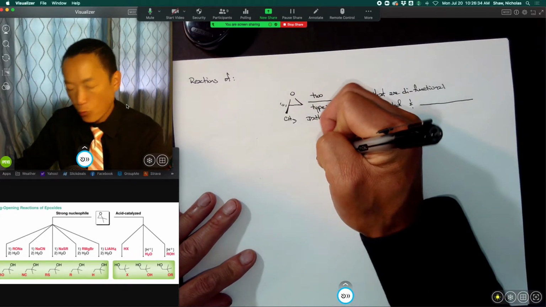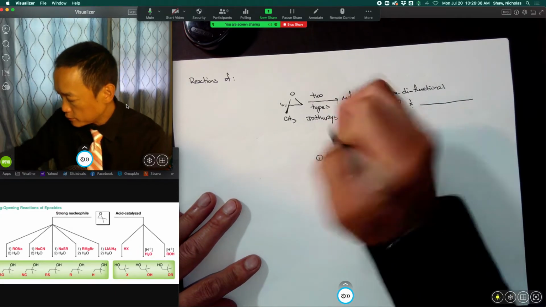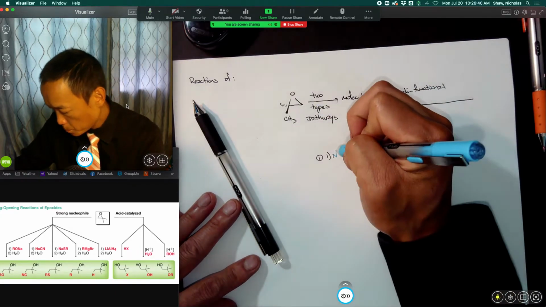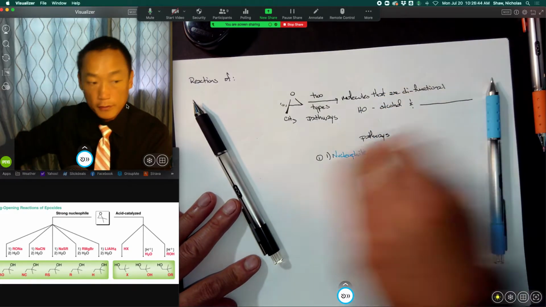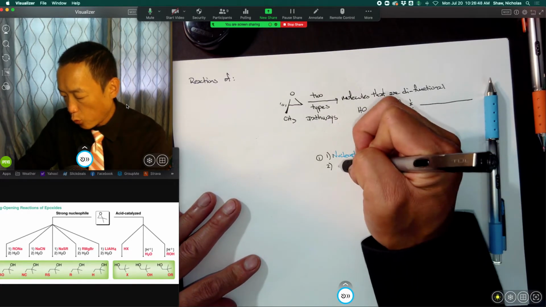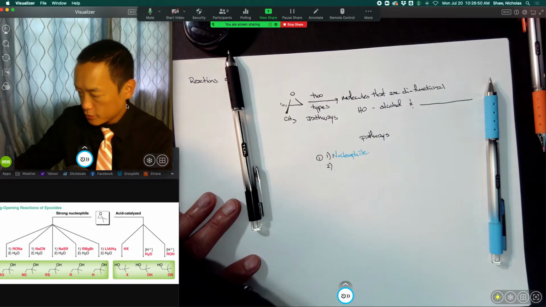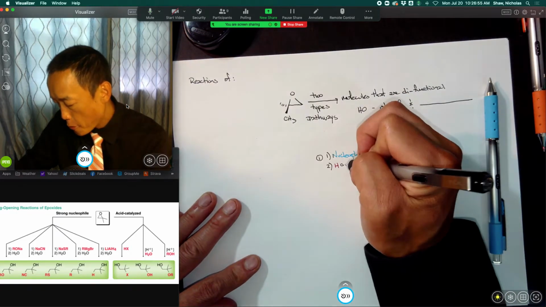Pathway number 1 involves the addition of the nucleophile first, followed by the addition of water, HOH.